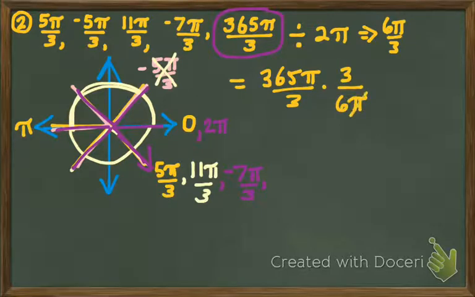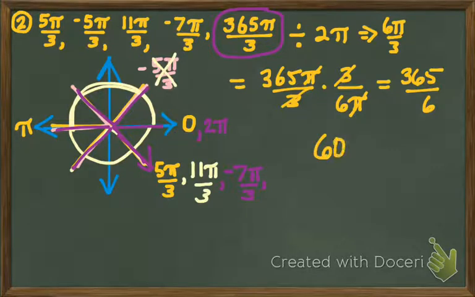The nice thing here is that the pi's cancel, the 3's cancel, and leave me with 365 over 6. If I can get 6 into the 360, which I can, that's going to be 60 with a remainder of 5/6.